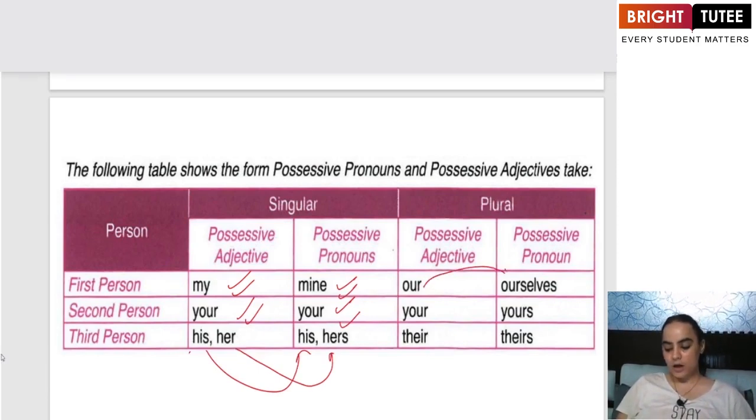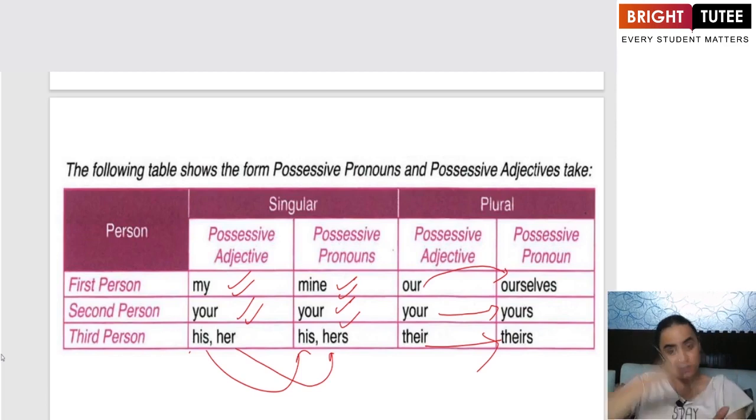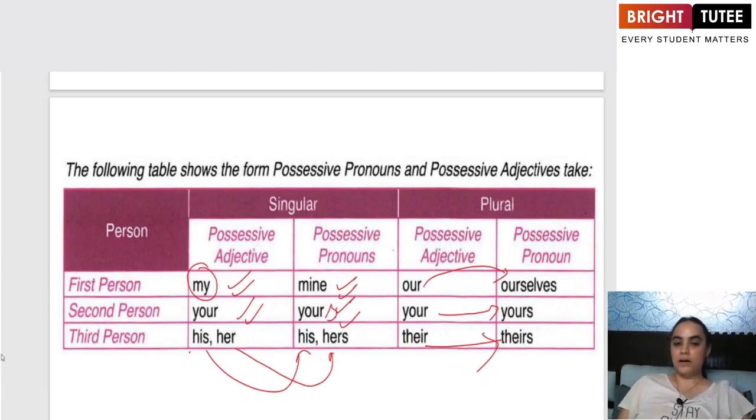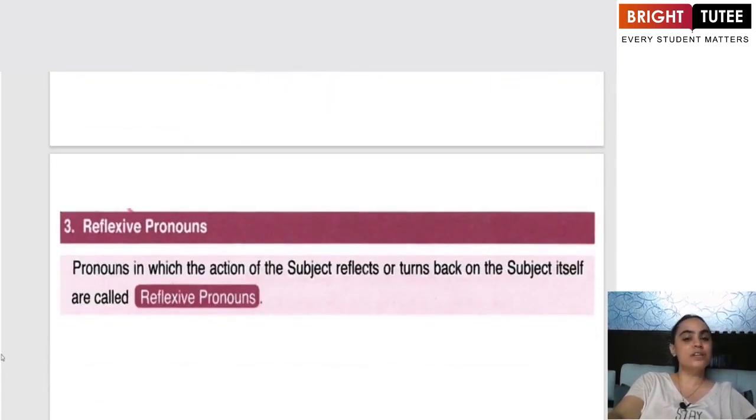Our is ourselves or ours, your is yours, and their is theirs. So this is how we change the possessive pronouns. This is how the possessive adjective is changed into a possessive pronoun. My changes to mine, your changes to yours, this is yours. His remains his, her becomes hers, our becomes ours, your becomes yours, and their becomes theirs. So this is how we change.